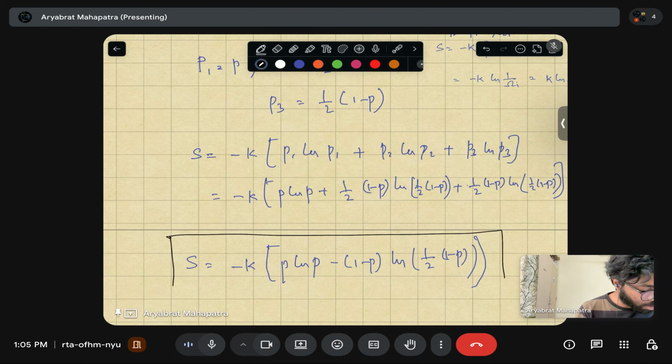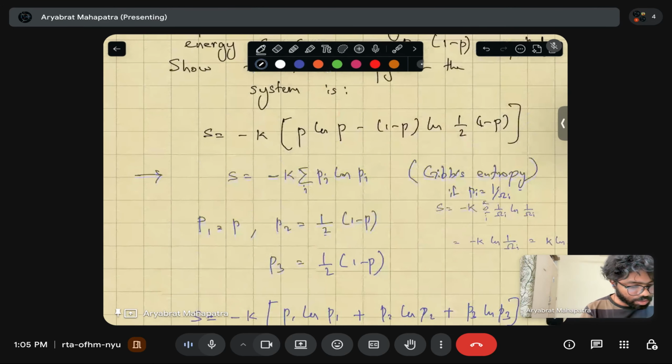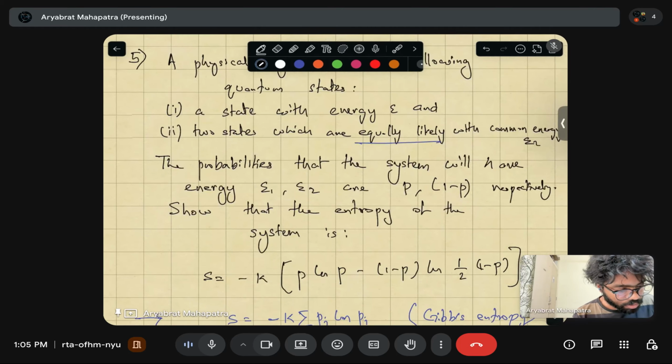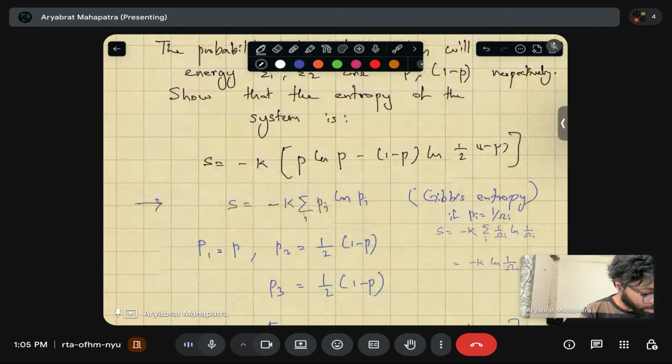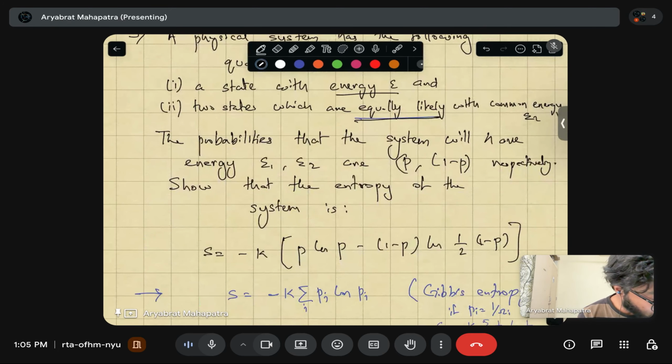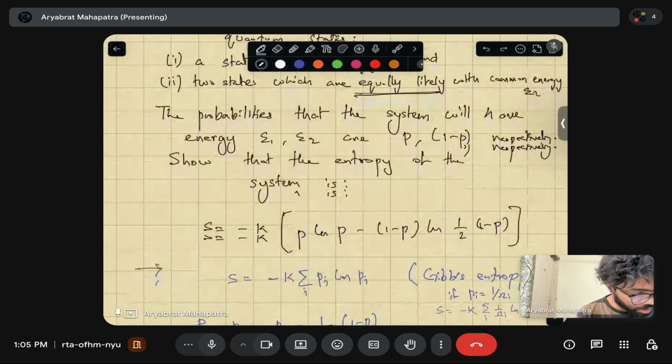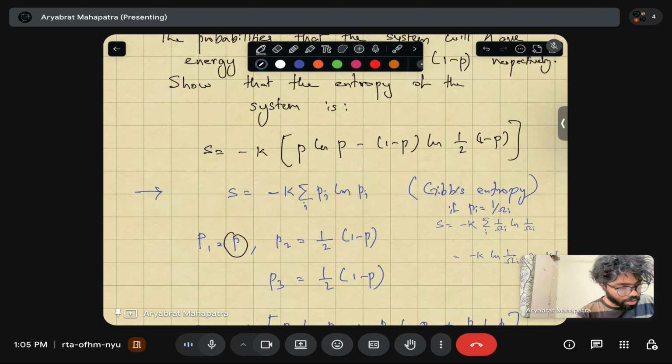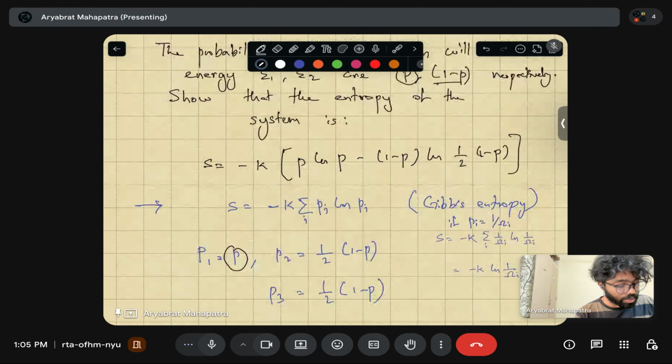Here I just wanted to let you know how you have to distribute the probabilities in the following way. There are three energies, and the other two are equally likely. So for the first one the probability is p, and for the other two the probabilities are 1 minus p in total, and they are equal.